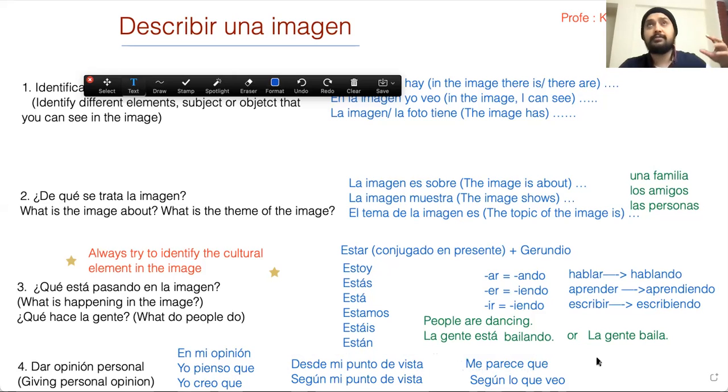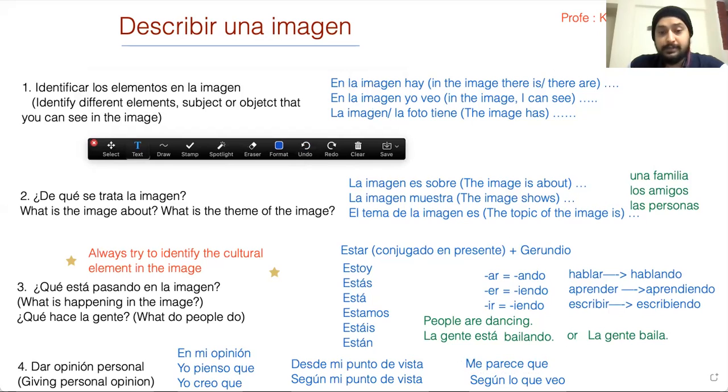If the image is about Spanish food, after you have identified the first part, the different elements in the image, and what the image is about, what's happening in the image, and you give your personal opinion. So I think you can easily speak for 2 minutes without any problem. I hope it's clear to everyone.